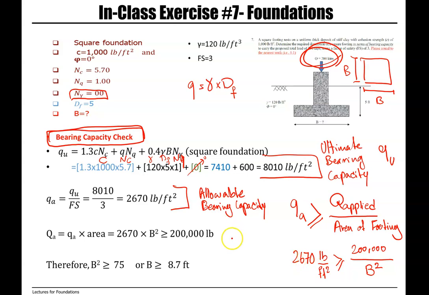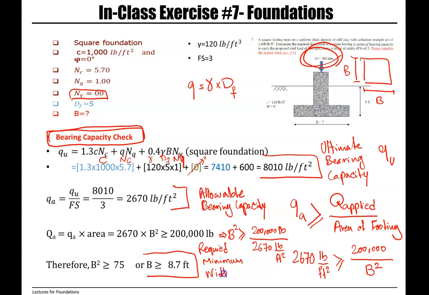If you rearrange this formula, you get that b squared should be higher than 200,000 pounds divided by 2670 pounds per square foot, and you get the required minimum width of footing to avoid bearing capacity failure when 200,000 pounds is applied to this footing.